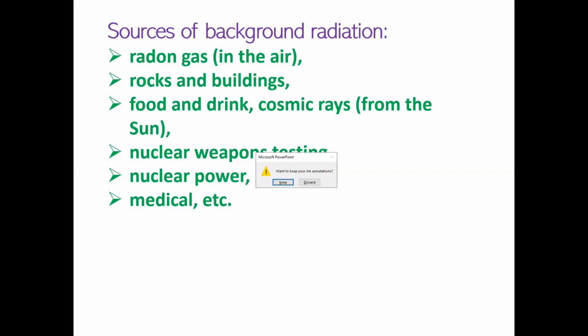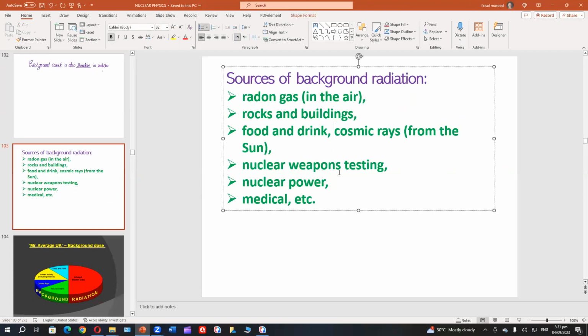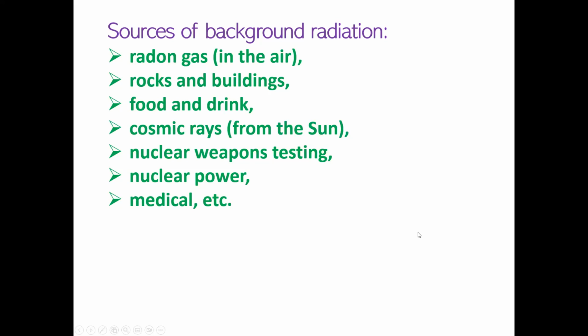Cosmic rays are actually coming from the universe and they are universal rays. So there are different sources in our knowledge which are creating background radiations. All of them are not dangerous. Some of them can be dangerous. Now you have to copy this screen.